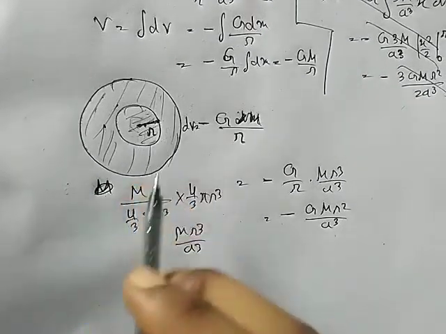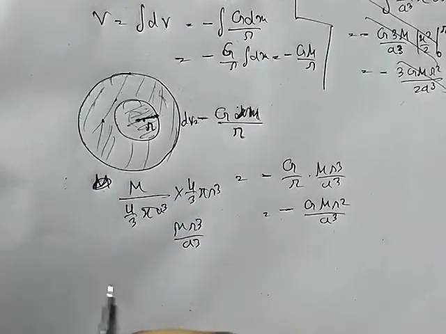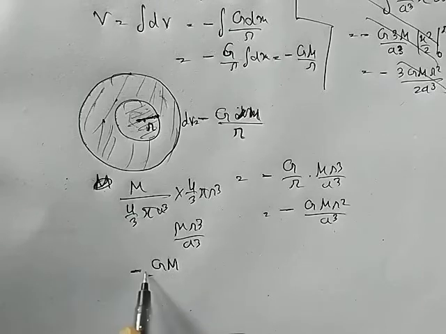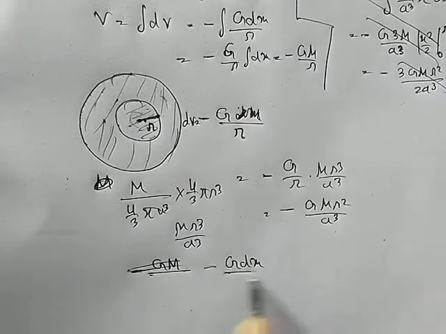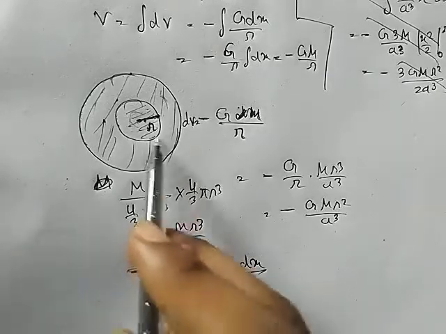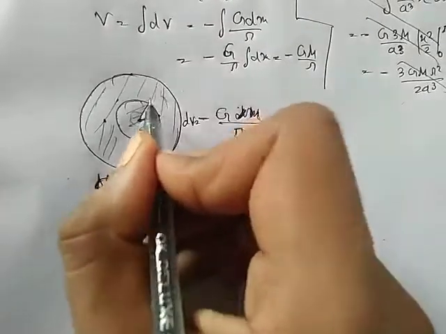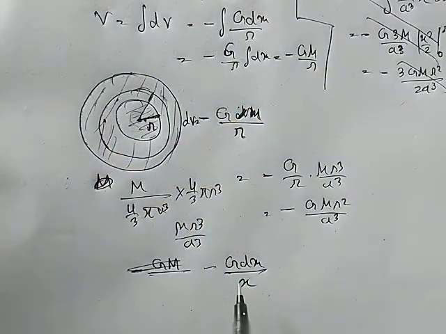So the potential at the point P due to a spherical shell is minus G dm by x, where x is this radius.